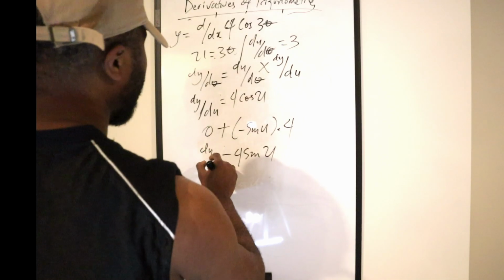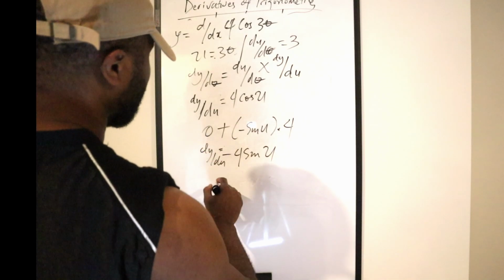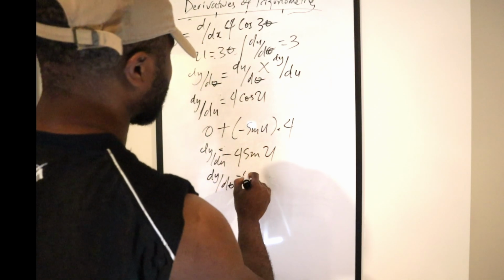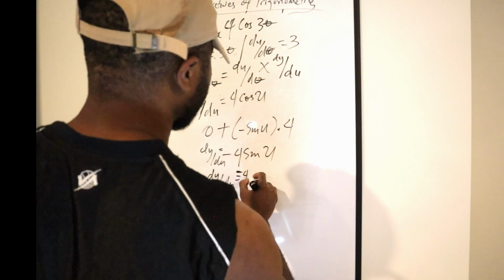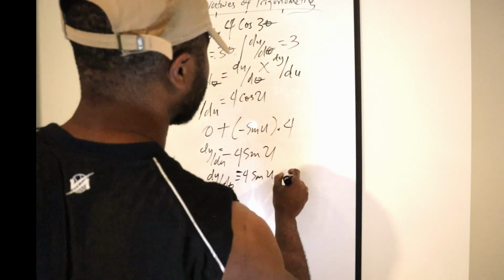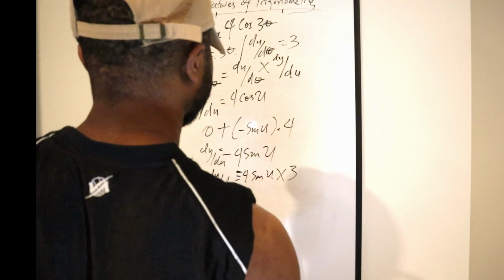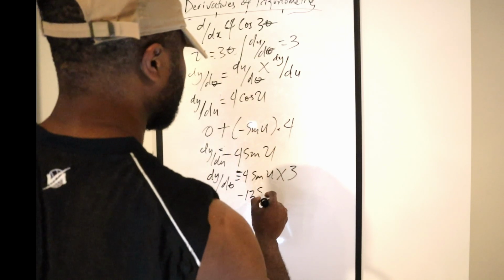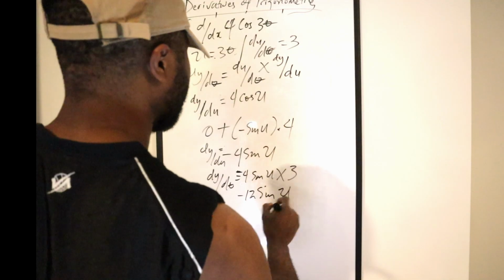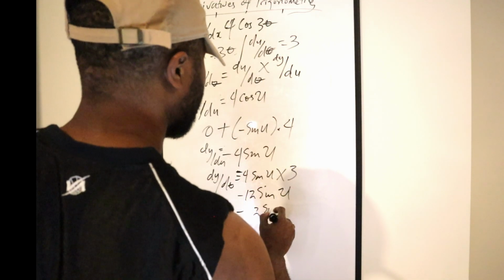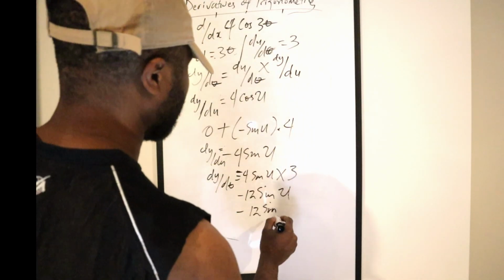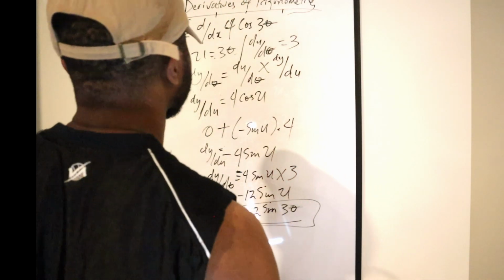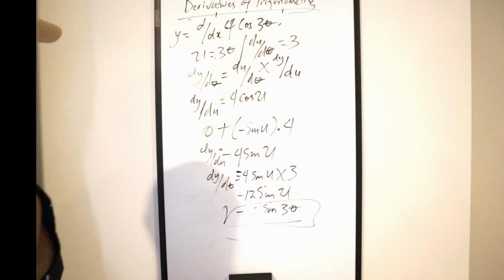So this is dy over du. So dy over d theta is equal to minus 4 sine u times 3, which is minus 12 sine u, and u is 3 theta, so minus 12 sine 3 theta. So this is the answer when differentiating this.